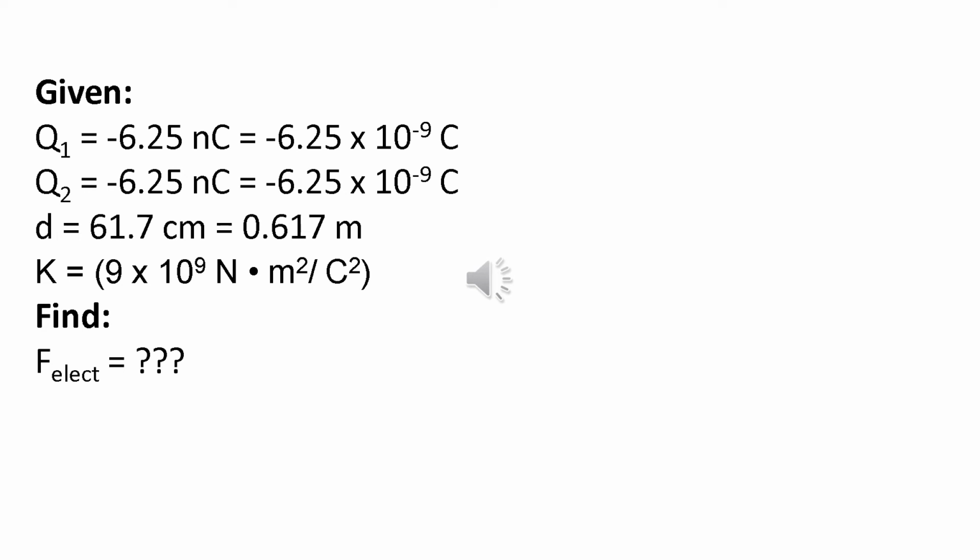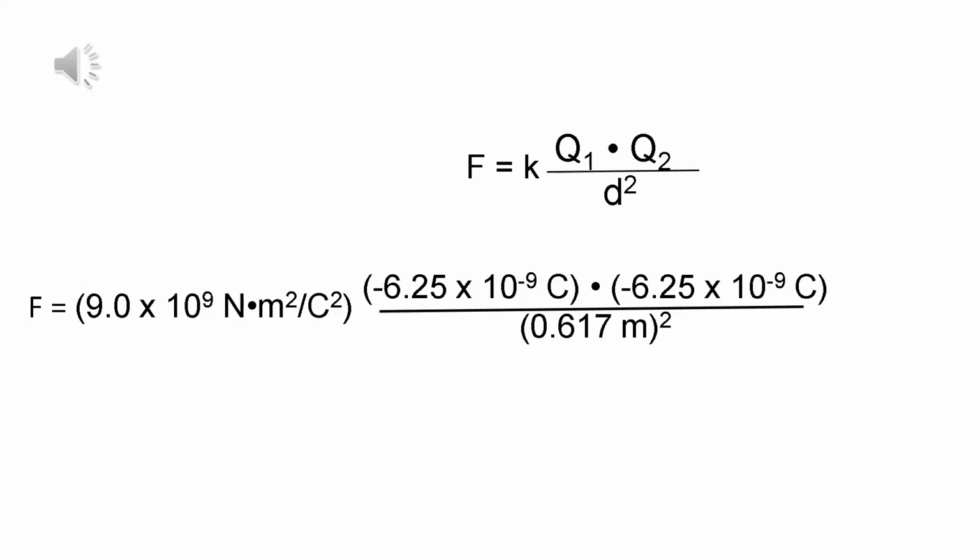And we are finding for electrical force. So the formula is force equals K multiplied by Q1 multiplied by Q2 divided by d squared. So the value of K is 9 raised to 9 Newton meter squared per coulomb squared. Then the value of Q1 and Q2 is negative 6.25 raised to negative 9 coulomb.